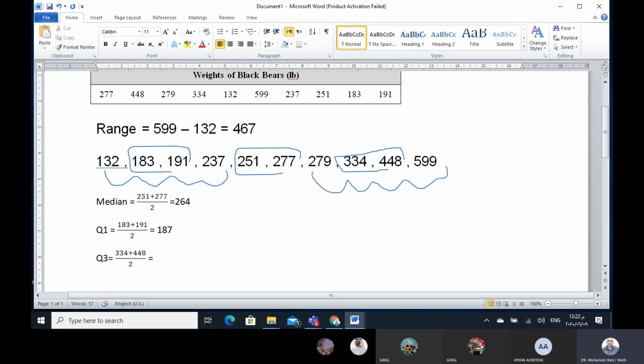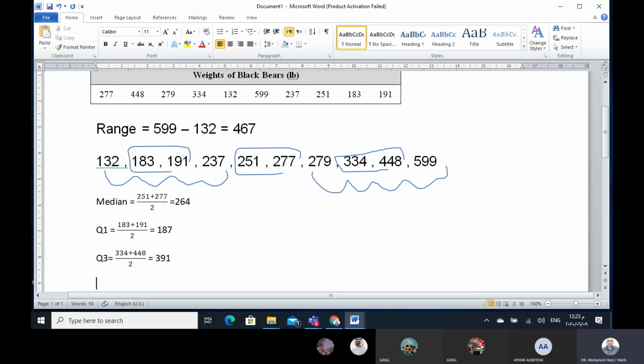To solve this operation, we write 334 plus 448 equals 782. Now 782 divided by 2 will be 391.